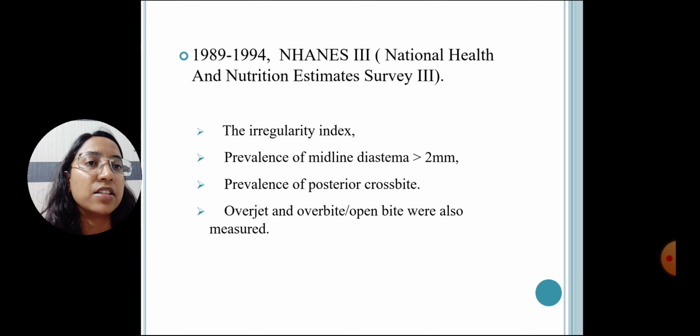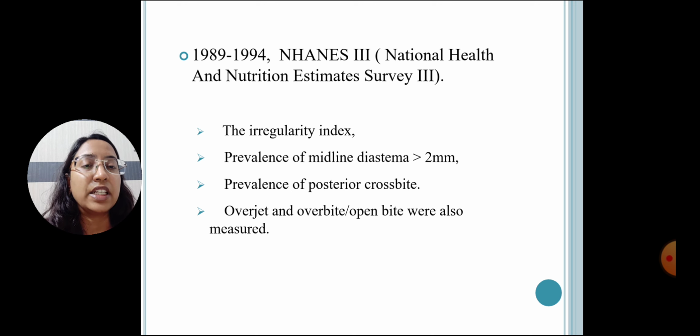In the United States, the National Center for Health Statistics has conducted different surveys. Between 1989 and 1994, the National Health and Nutrition Examination Survey 3 was conducted, where the irregularity index, prevalence of midline diastema of greater than 2 mm, prevalence of posterior crossbite, overjet and overbite and open bite were measured.